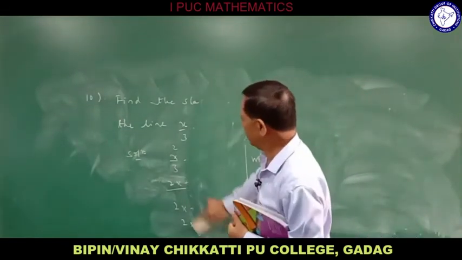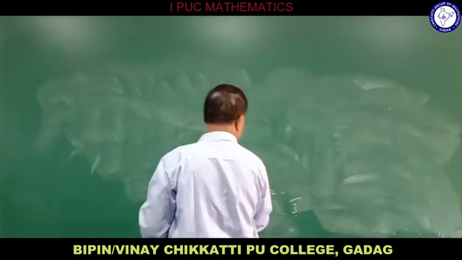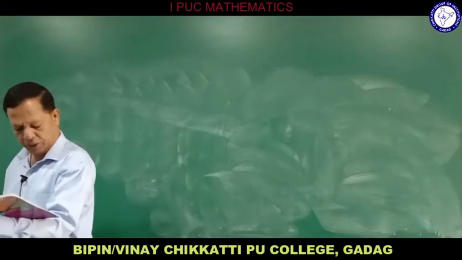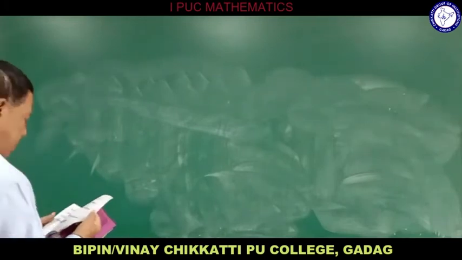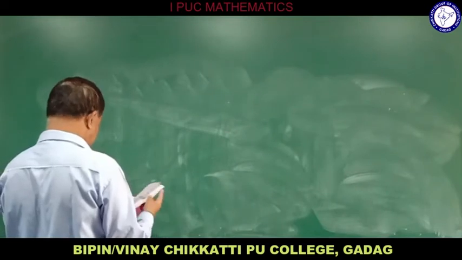When the line is in the general form, you know how to find its slope. Now I am going to see the next question set, and accordingly you can see the result.